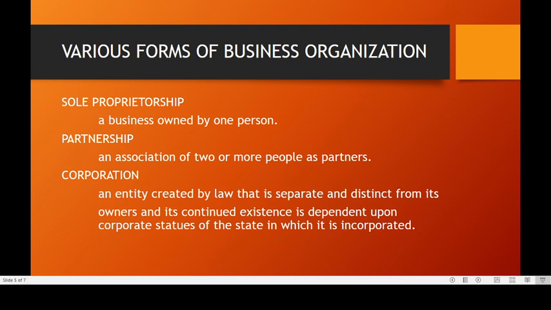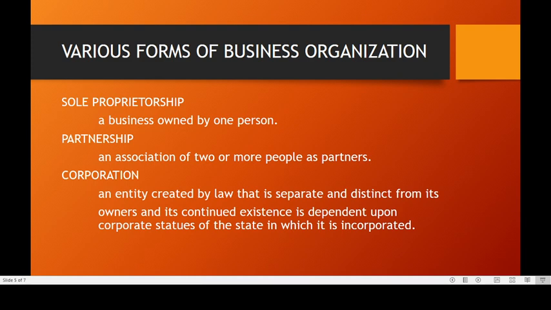Okay, sole proprietorship is not governed by any statute, while for partnership there are laws that must be followed, particularly on the obligations and on the contract of partnership. While a corporation, guys, is created because of the operation of a certain law.